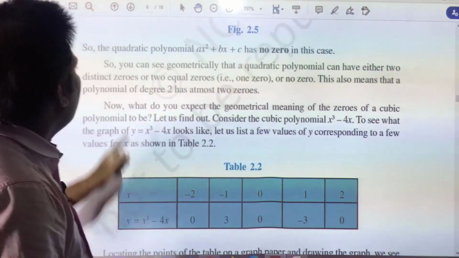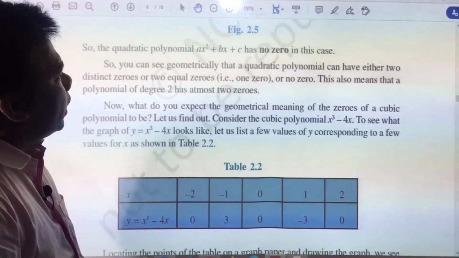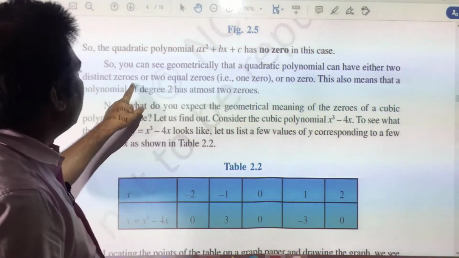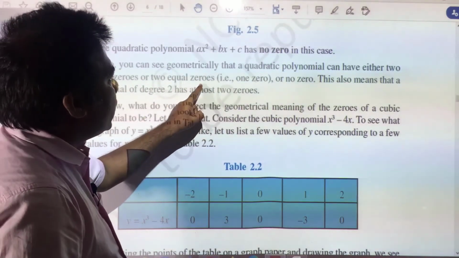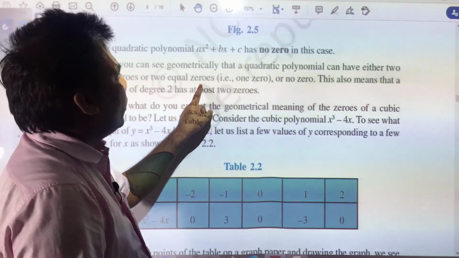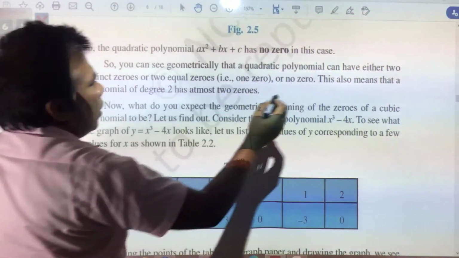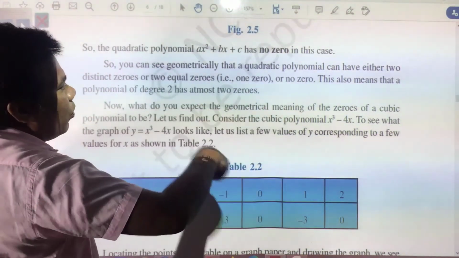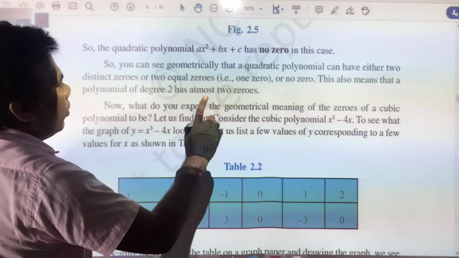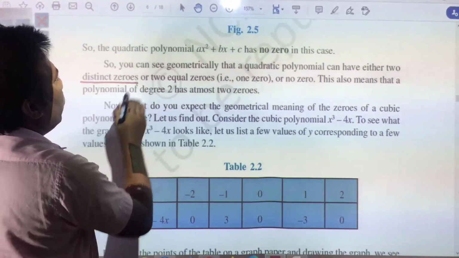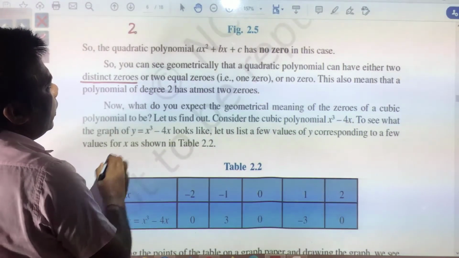any zero. So, you can see geometrically that a quadratic polynomial can have either two distinct zeros or two equal zeros, meaning at one point it will intersect, or no zero. Three cases you have seen. So, this graph of a quadratic polynomial will have distinct zeros when it has two zeros.